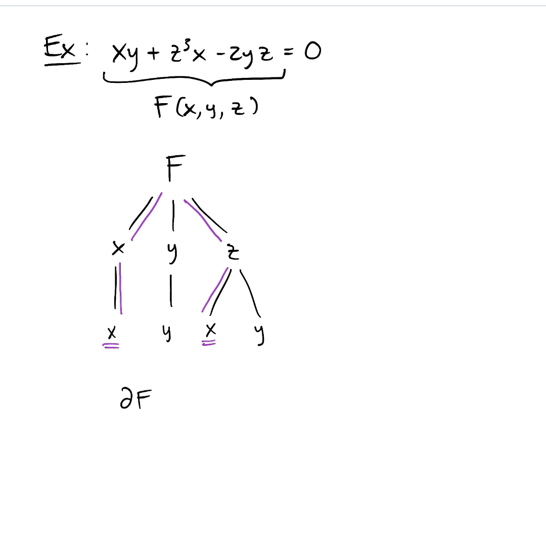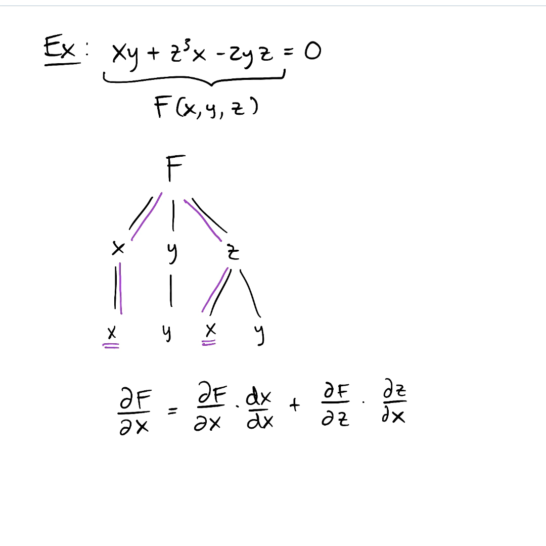So partial of big F with respect to x equals, okay, now there were two branches. Partial big F with respect to x times dx dx, plus partial big F with respect to z times dz dx.